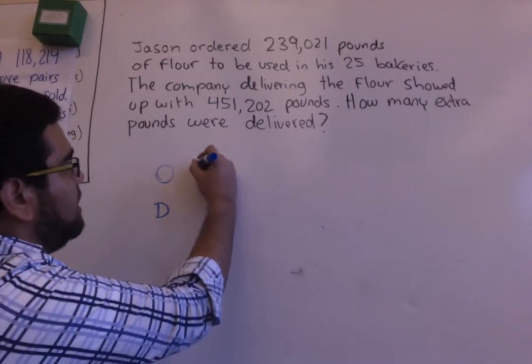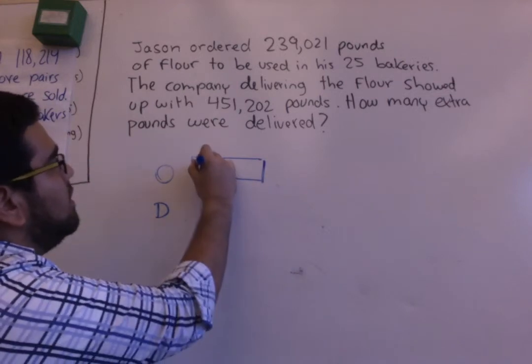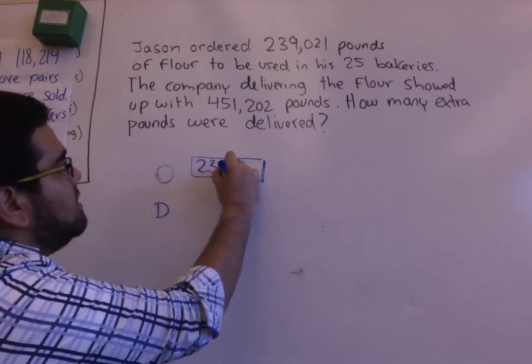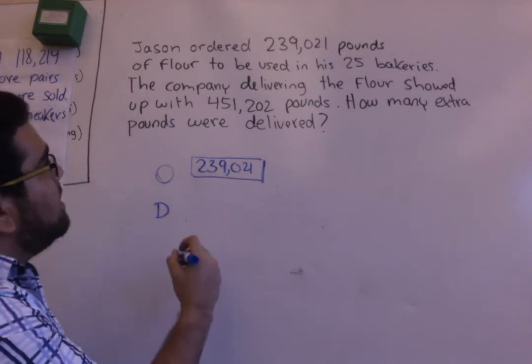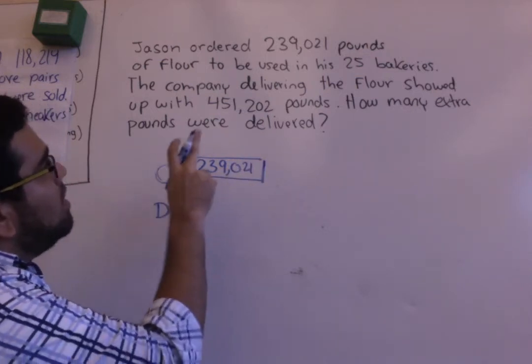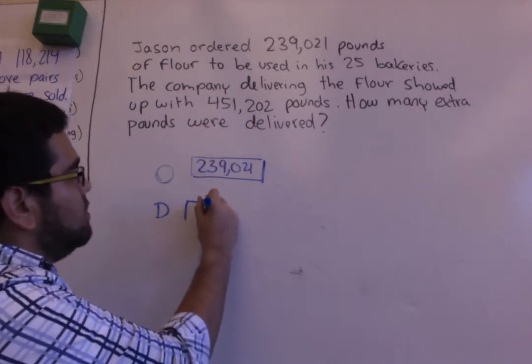How many were ordered? This many. 239,021. How many were delivered? It says 451,202.